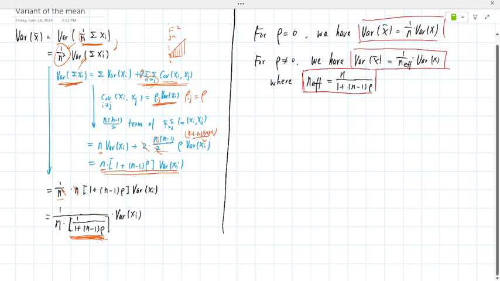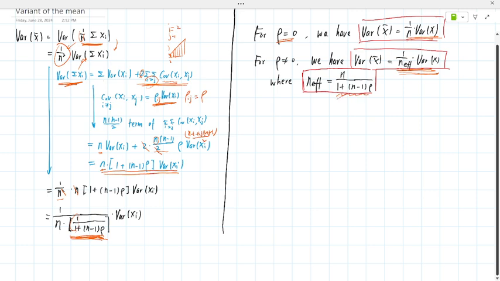We have this. For rho equal to 0, it's very simple to see this is 1, so we have 1 over n, and this is for uncorrelated data. For rho not equal to 0, we assume that effectively they have an effective amount of uncorrelated data.